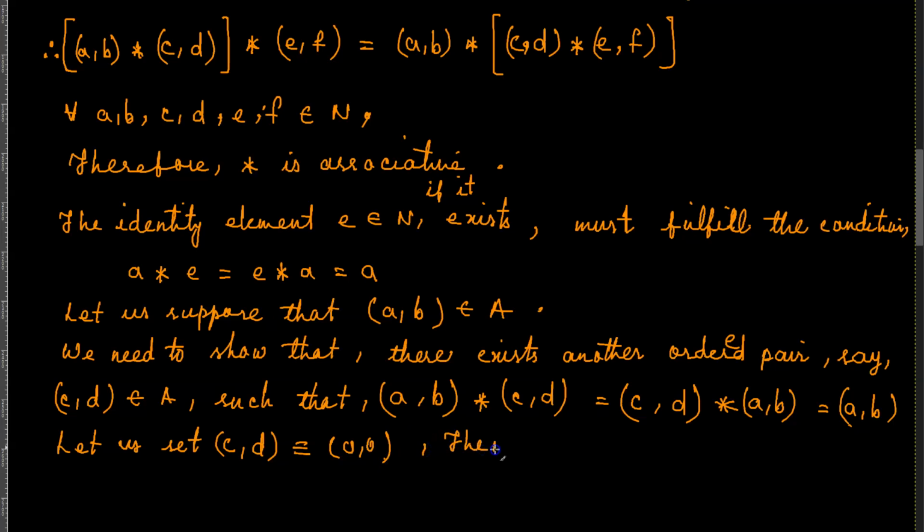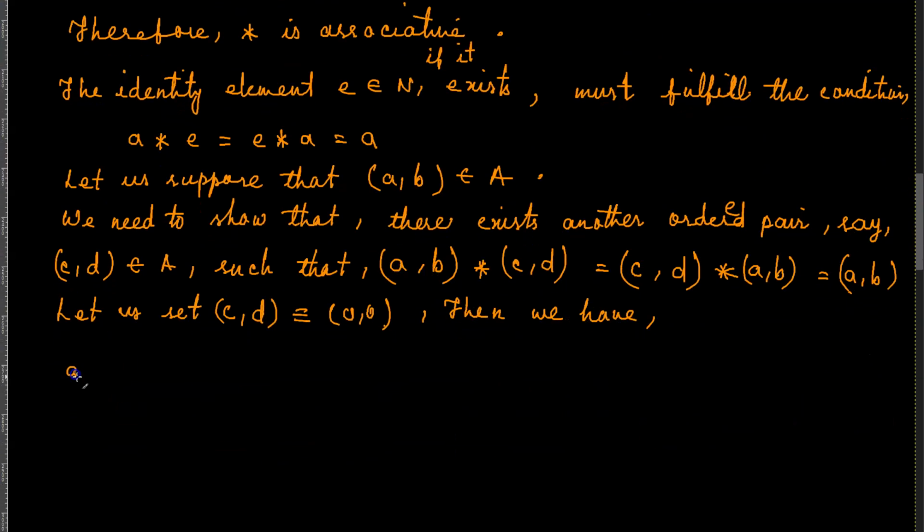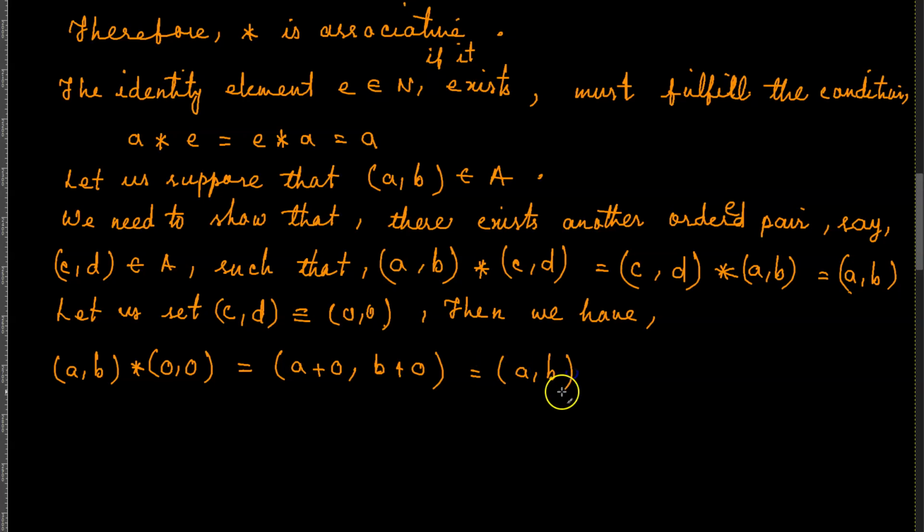Then we have (a, b) star (c, d), which is equal to (0, 0), is equal to (a plus 0, b plus 0), which is equal to (a, b).